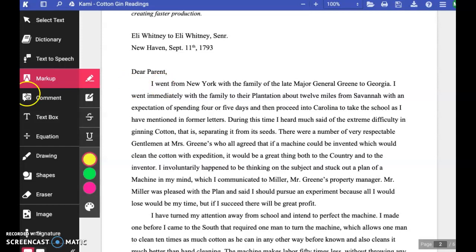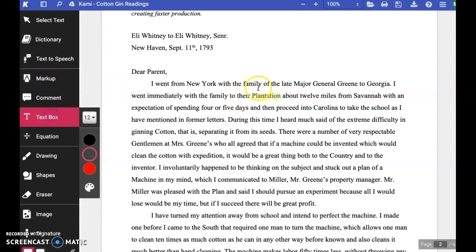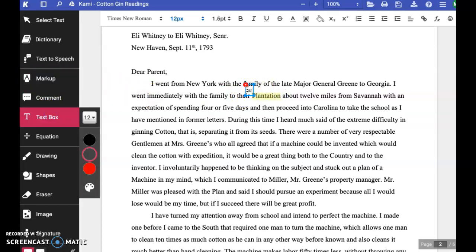So we know, I'm going to add a highlight here. We know that Eli Whitney is visiting a plantation, which is a large farm known for growing cash crops like cotton.